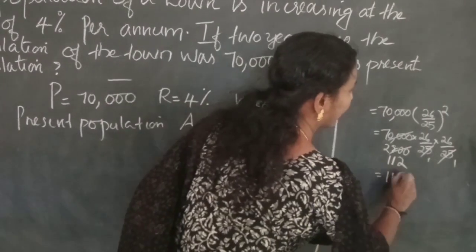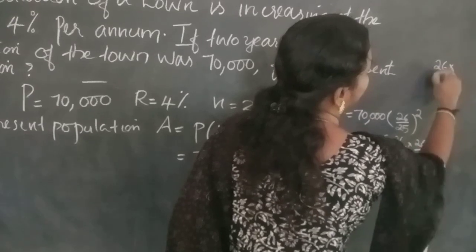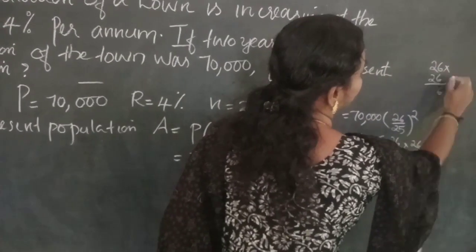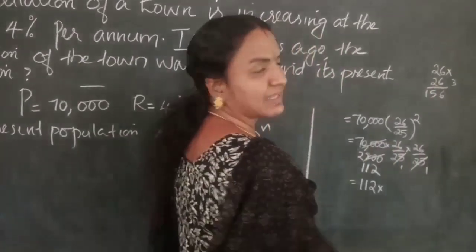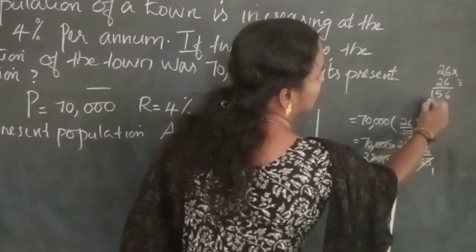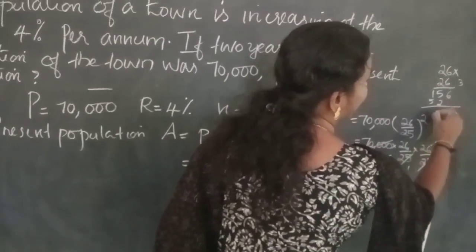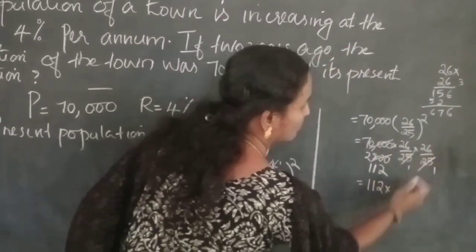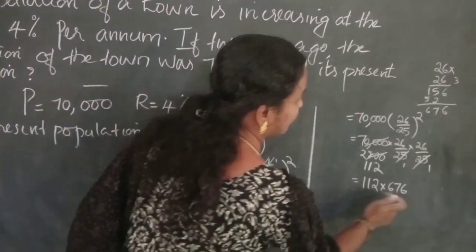So 112 into 26 into 26. 26 into 26: 6 6s are 36, balance 3. 6 2s are 12, 12 plus 3, 15. Then 6 2s are 12, 2 2s are 4, 4 plus 1, 5. 676. So 26 into 26 is 676. So multiply these two numbers.